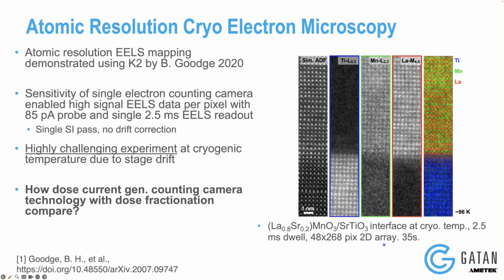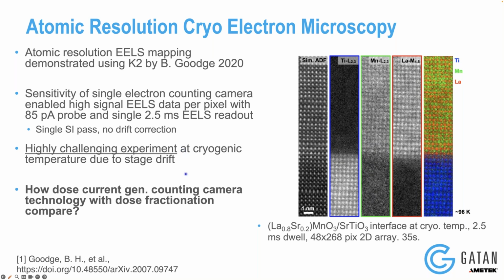This was done in 35 seconds per scan at Cornell, but that is quite a long time compared to what we've been doing in the last few months. To have the sample stay stable for 35 seconds in a cryo holder, the hit rate on having this succeed with a 35-second capture time is going to be quite low. So it's going to be very, very difficult.